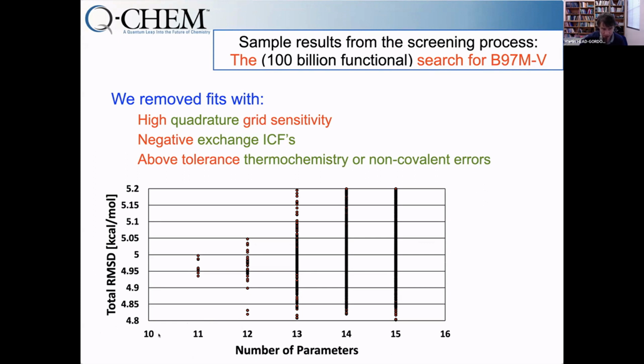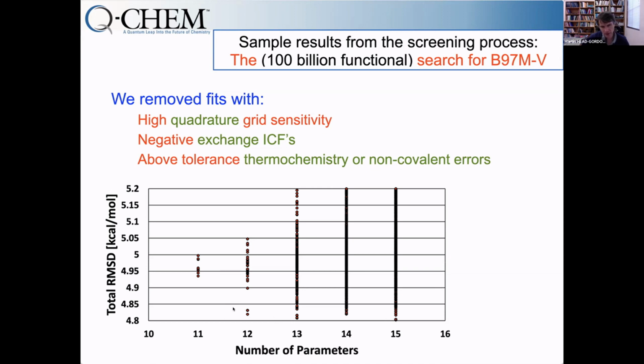This is zoomed in highly. So in other words, if we went off the left of the screen and we began with just one parameter, we'd be up around 20 or 30 kilocalories per mole, way off the top of the screen. But as you go 2, 3, 4, 5, 6, 7, 8, 9, 10, 11, the best you can do is going down and down and down, and then it begins to stop and bounce around.